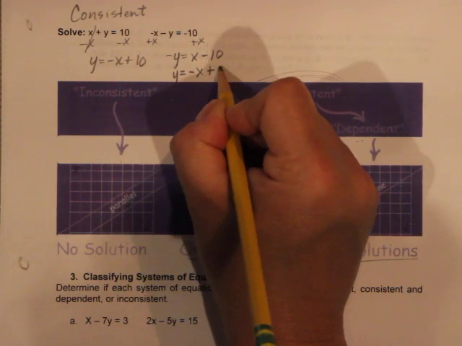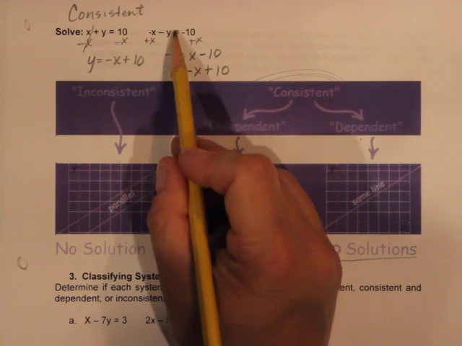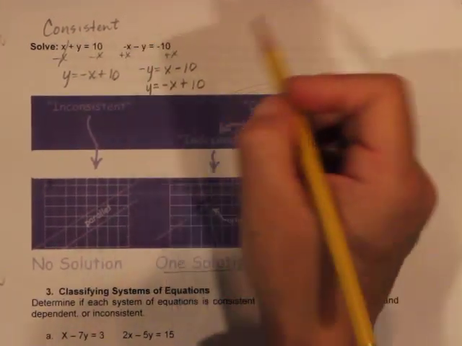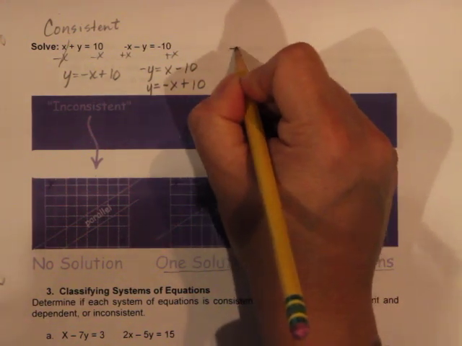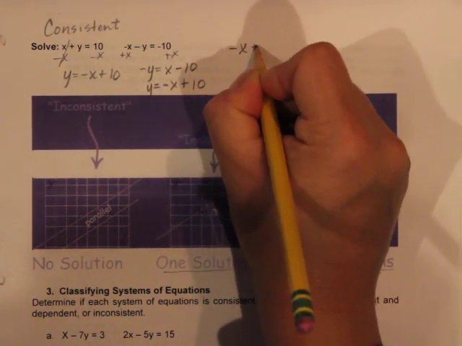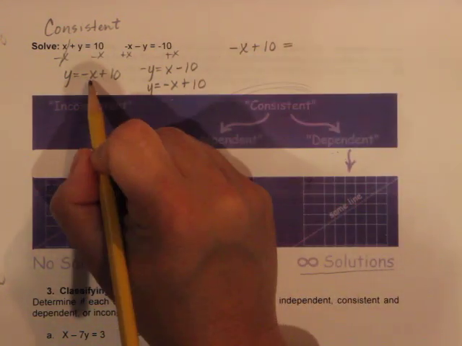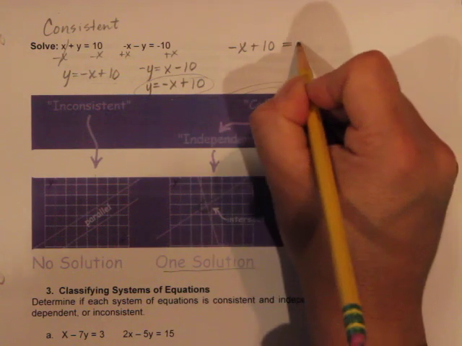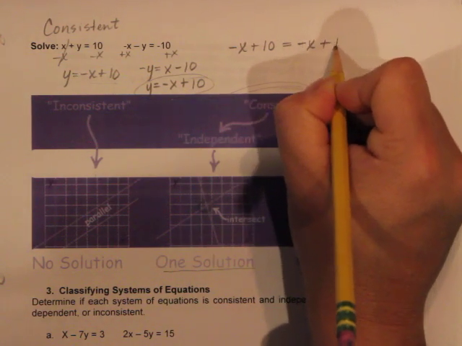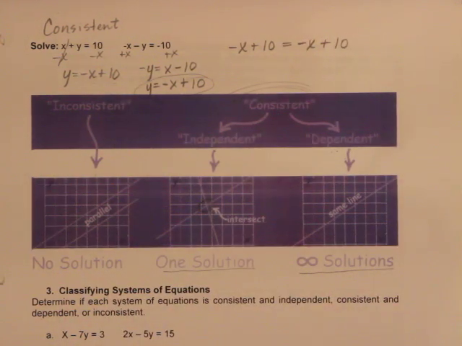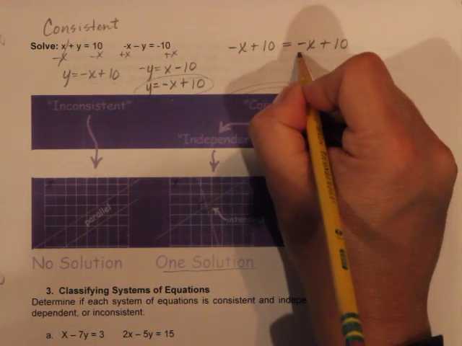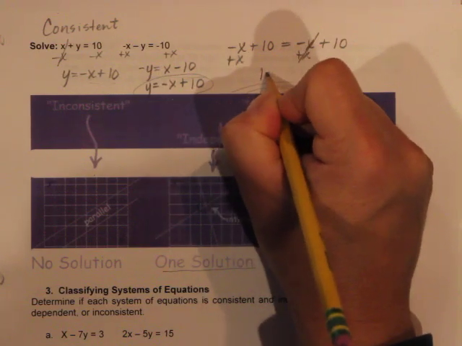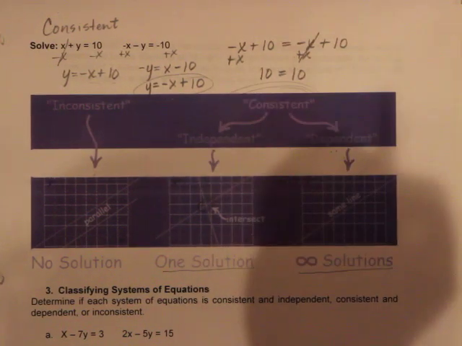negative x plus 10. Both of these equations, when they were written in terms of y, produced the exact same variables and constants in the same order. So I get y equals negative x plus 10 here, and this one, when it was rewritten this exact same way, is negative x plus 10. So if I add x here to move it, and I add x over here, I end up with 10 equals 10.